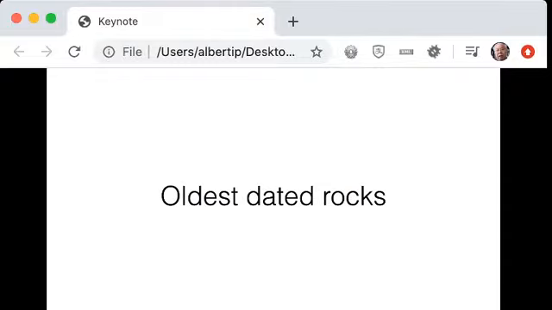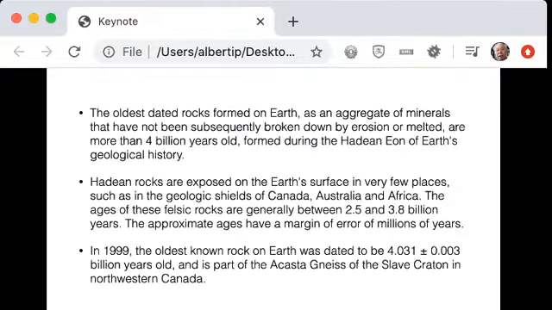Okay, the oldest rock. What's the oldest rock? We are looking at two kinds of rock here. One is rocks which are original to Earth, and the other is rocks which come from outer space, arrive on Earth, and are then collected by us.